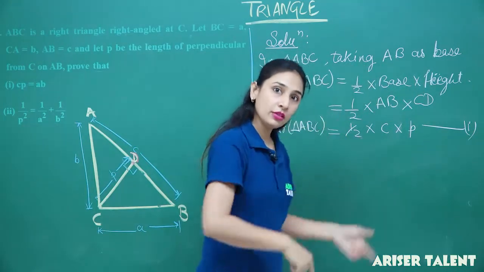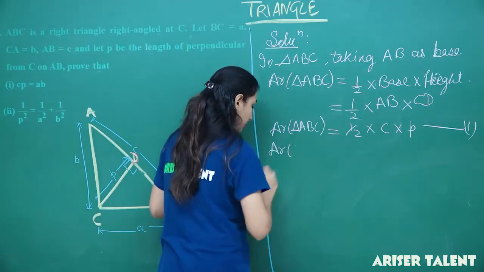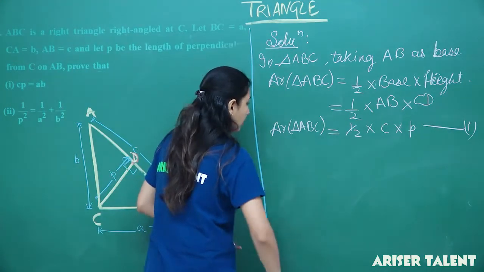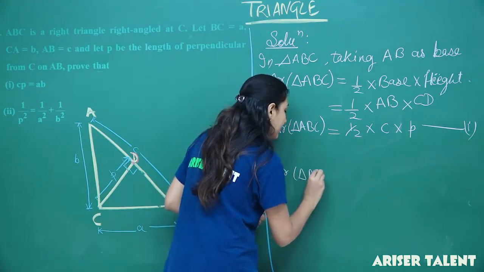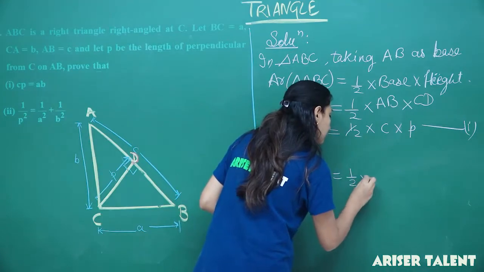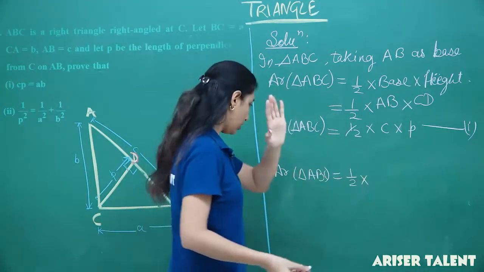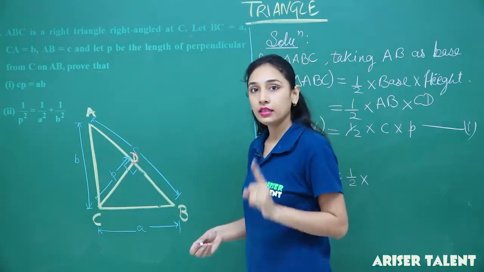Now, coming to the second equation, again, area of triangle ABC equals half, base and height. Wait, we are taking this BC as base this time.